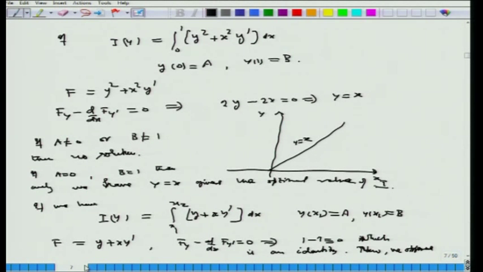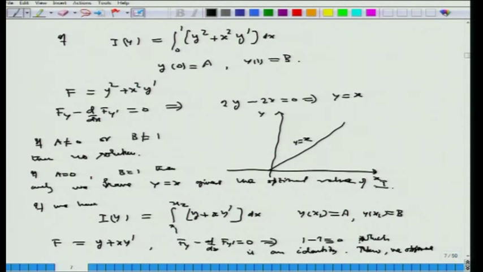In the next example, we considered I(y) equal to the integral from x1 to x2 of (y plus x y prime) dx, and again with those same conditions, y at x1 equal to a and y at x2 equal to b. F is here y plus x y prime, and we see that here M_y minus N_x reduces to identity, here 1 minus 1 equal to 0.